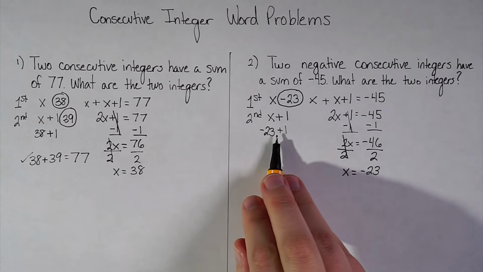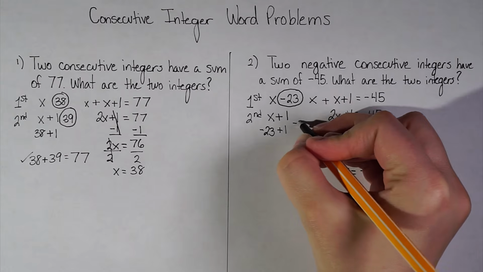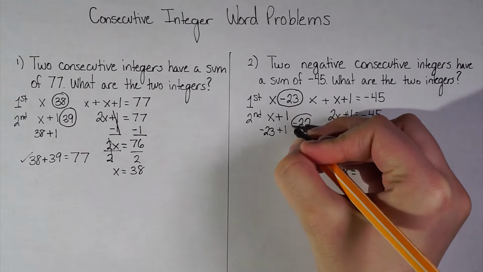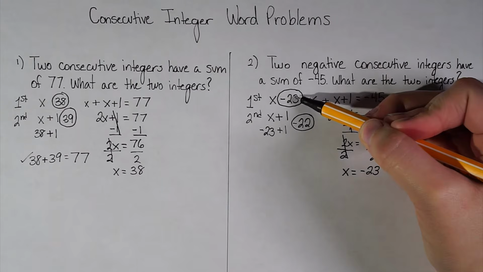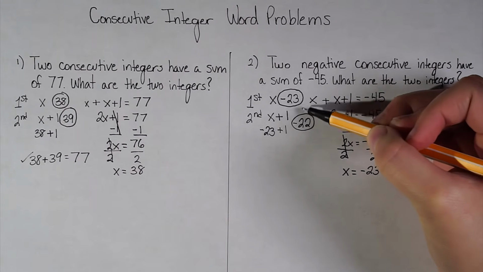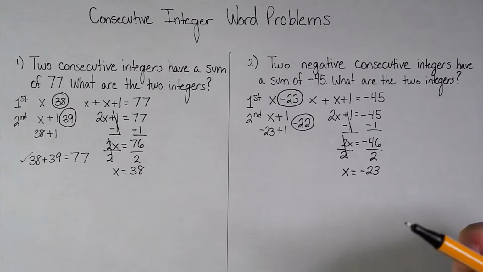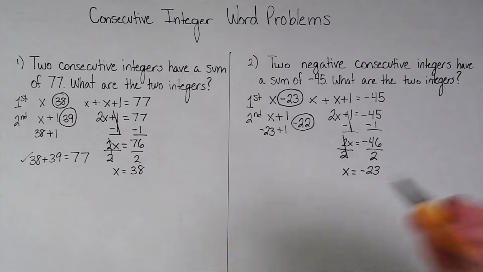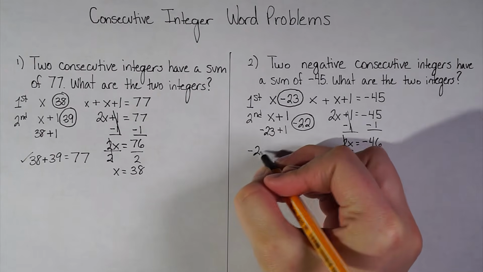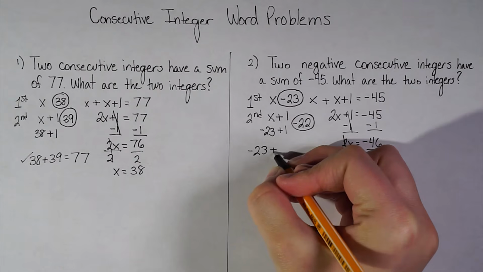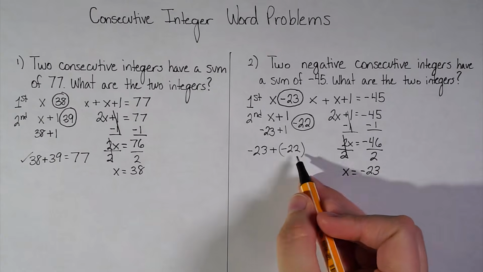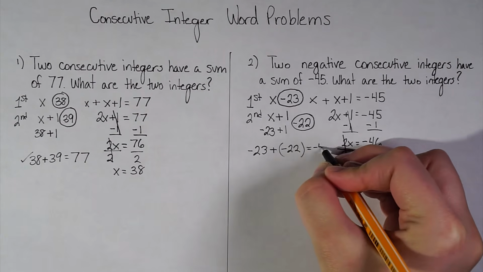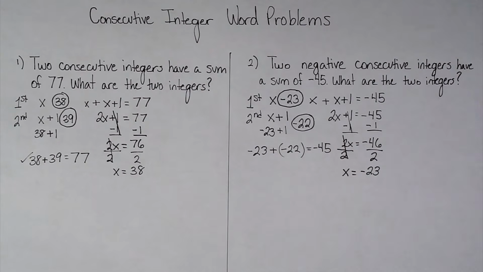So negative 23 plus 1 is negative 22. So I want to check myself. Are negative 23 and negative 22 consecutive negative numbers? Yeah, they are. And I want to just double check in my calculator that negative 23 plus negative 22 does in fact equal negative 45.